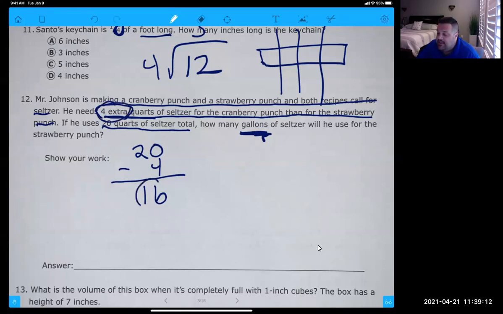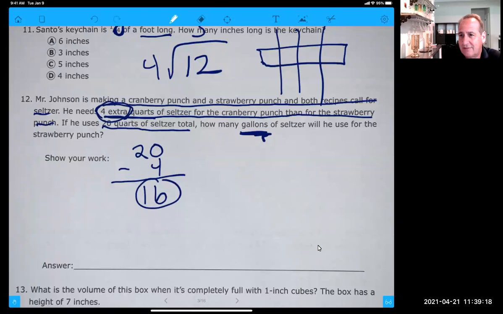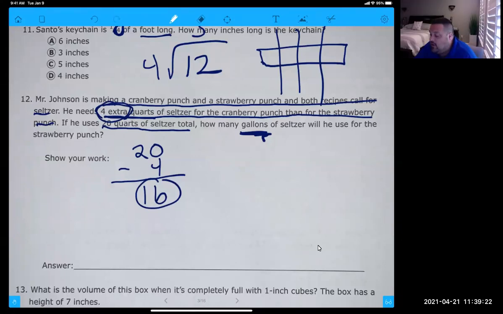So these are the 16 quarts that are still used. Anybody here know how many quarts are in a gallon? 4. So you've got to now convert the quarts into gallons. You take the 4 for a gallon and divide it into this. So that means we used 4 gallons of seltzer, right?